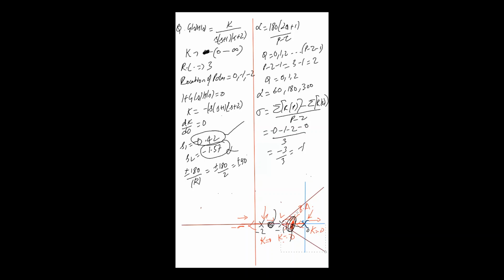This is your asymptotes. You have got asymptotes, you have got the centroid, and you have also got your breakaway point.